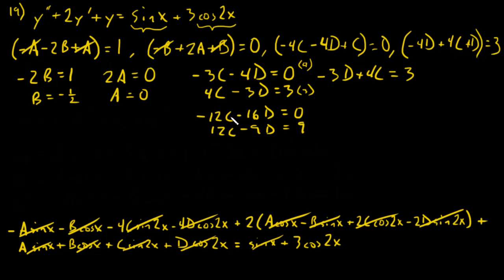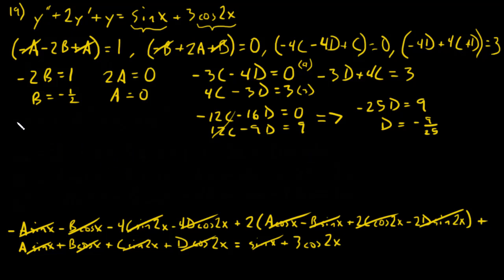When I add them together, the c's are going to cancel. I'm going to be left with negative 25d equals 9. D equals negative 9/25.